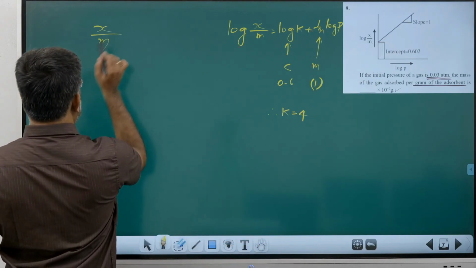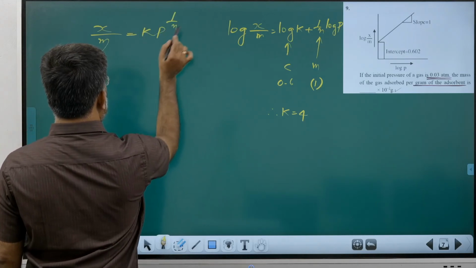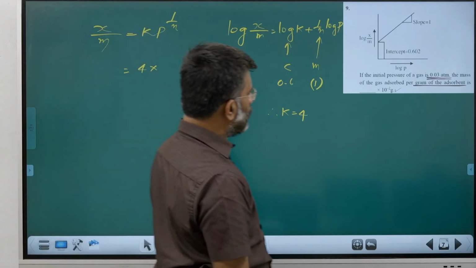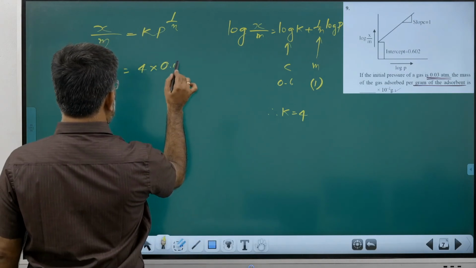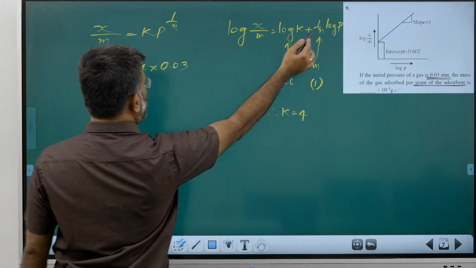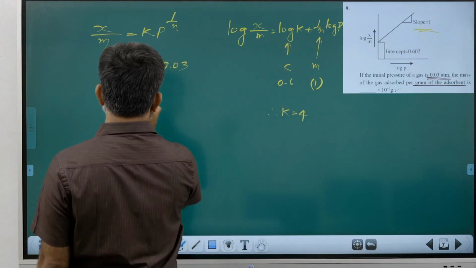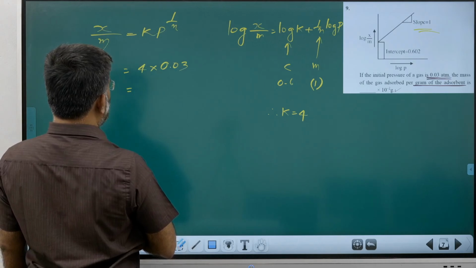And x by m we need to calculate. x by m is equal to k p raised to 1 by n. k value is 4. What is the pressure value given? 0.03. What is 1 by n? 1 by n is equal to 1, we get from the slope. So it is 4 into 0.03.